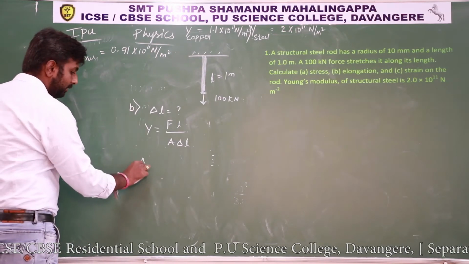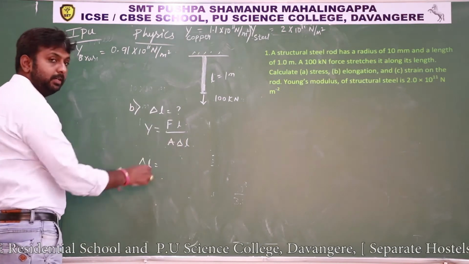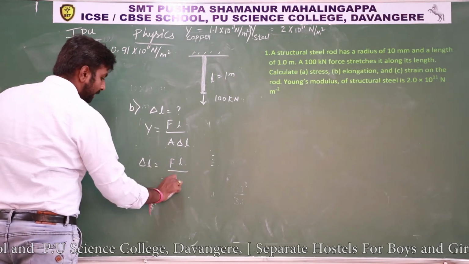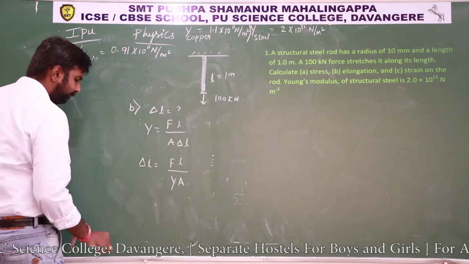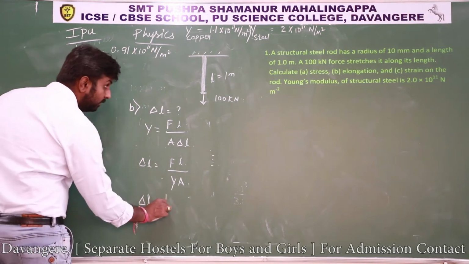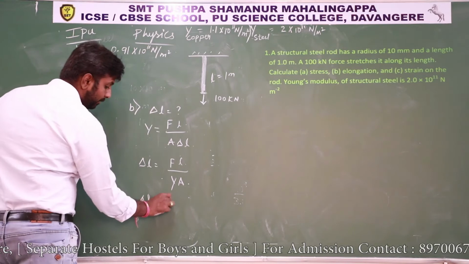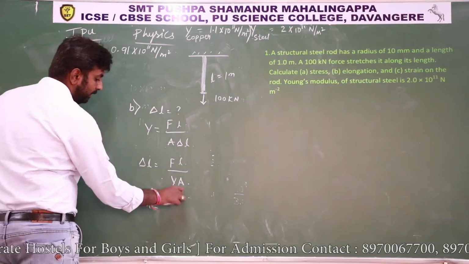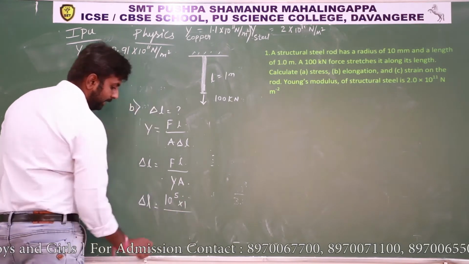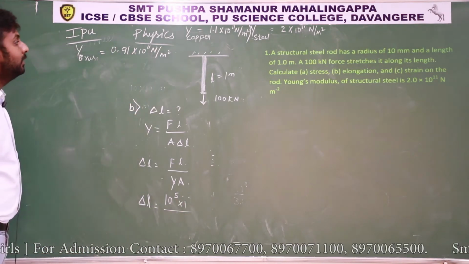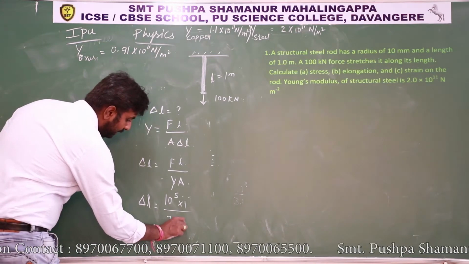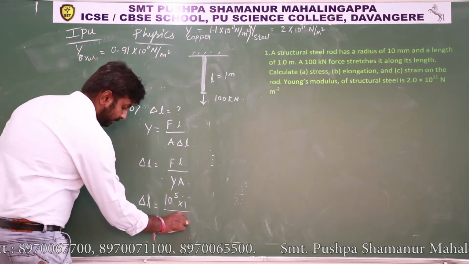First I will shift delta L to this side, because we have to find this quantity. Delta L equals FL divided by Y into A. Delta L equals force 100 kilonewton, which is 10 to the power 5, and length 1 meter, divided by Young's modulus of steel, 2 into 10 to the power 11.